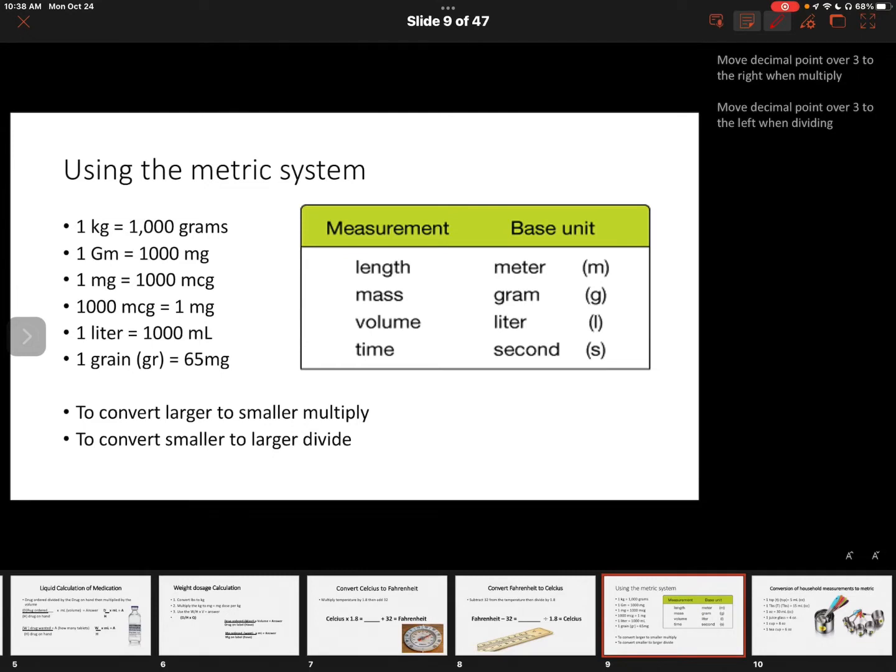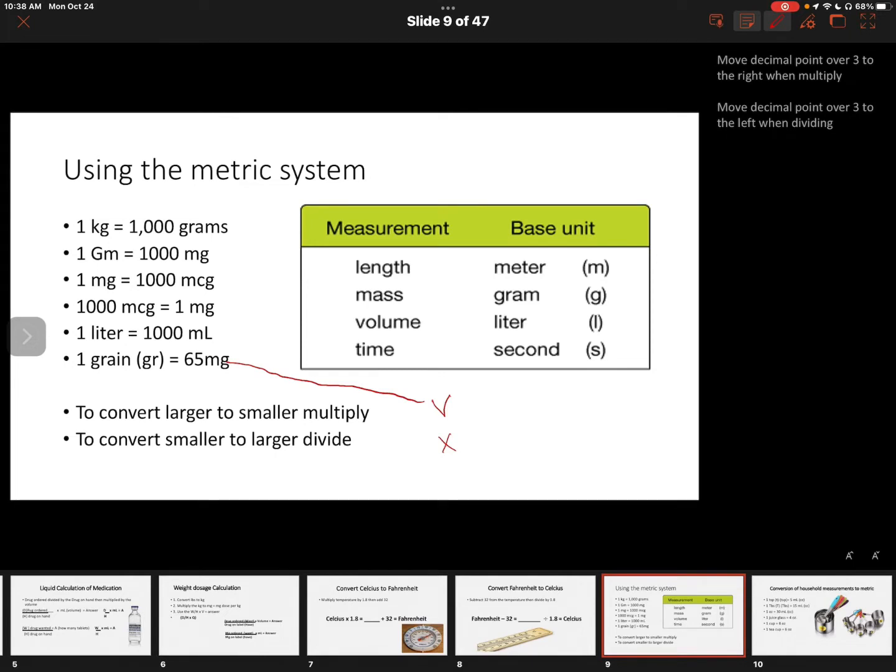1 grain equals 65 milligrams. Let me just work on this one here. Roman numeral 5. Roman numeral 10.